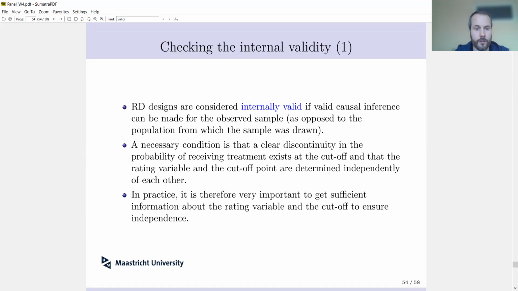And of course, the rating variable and the cutoff point need to be independent. What is not good for your causal interpretation is that someone sets the cutoff in such a way that certain individuals get into the treatment group. That would be a violation of this independence assumption between the rating variable and the cutoff.